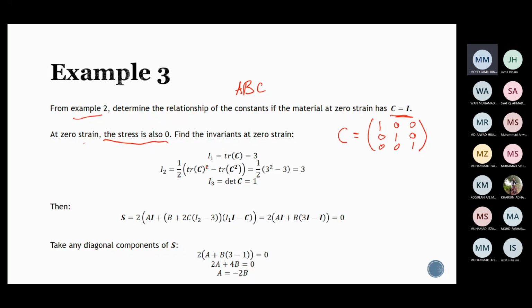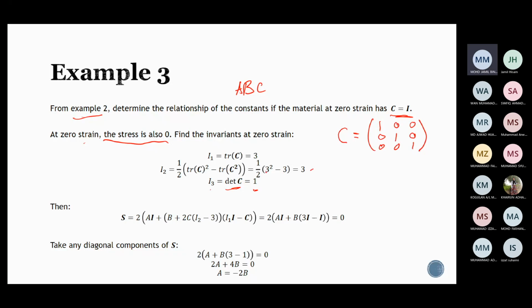And then I2 is this formula: trace of C squared, you get 3 squared minus trace of C squared. If you square C, you still get the identity matrix, so you still get 3 here. So you get this value. And then I3 is just the determinant of C. You get 1.